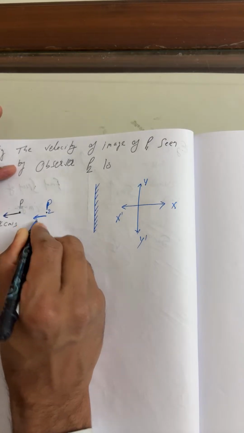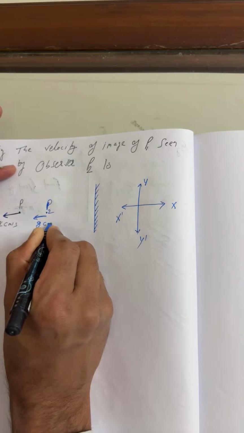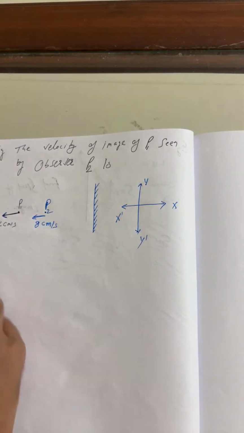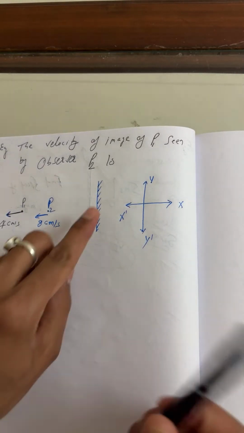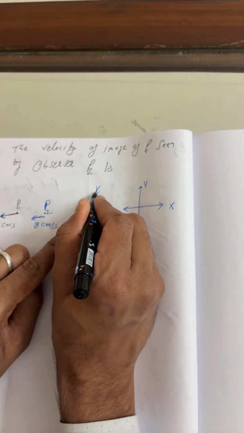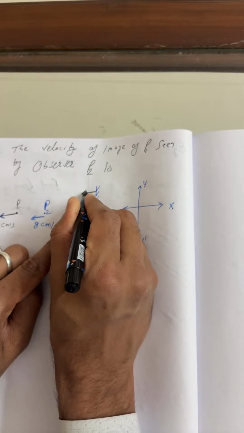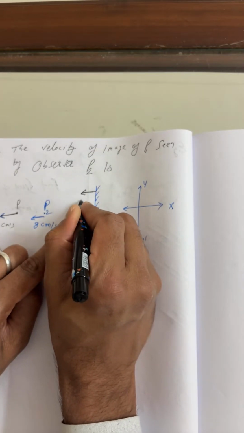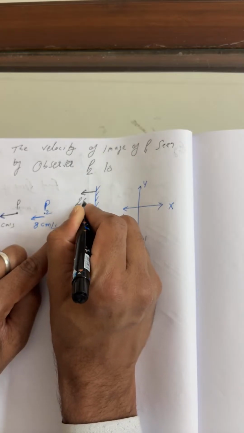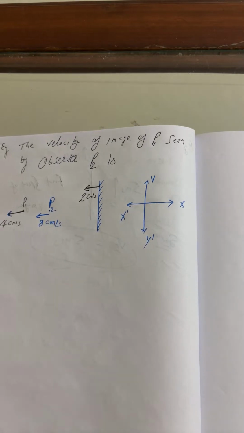P2 is the observer, so this is 8 centimeter per second. And this is 2 centimeter per second here. You can take the mirror also in the same direction. This is 2 centimeter per second.